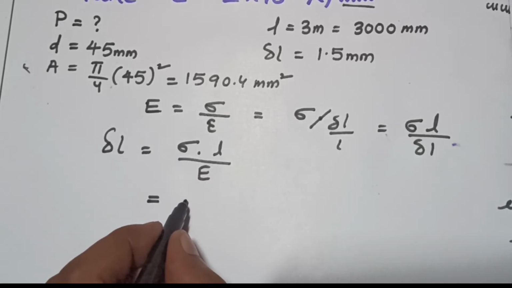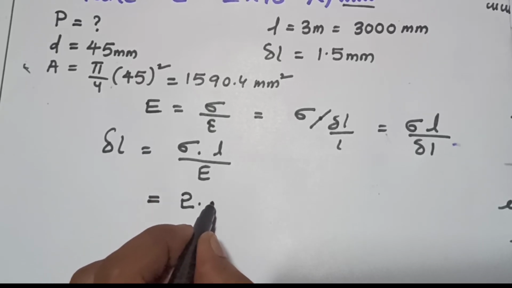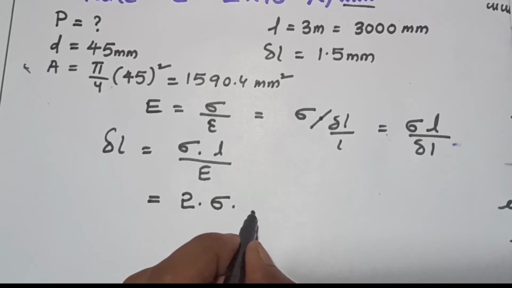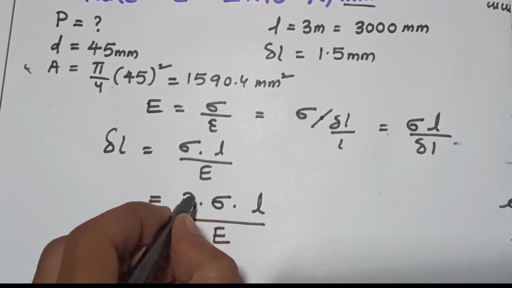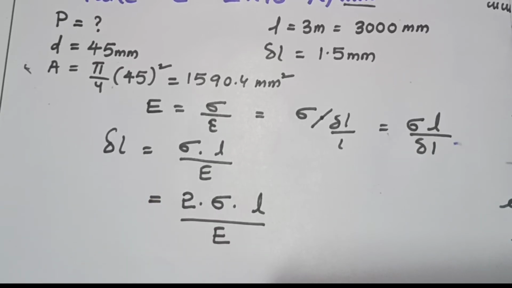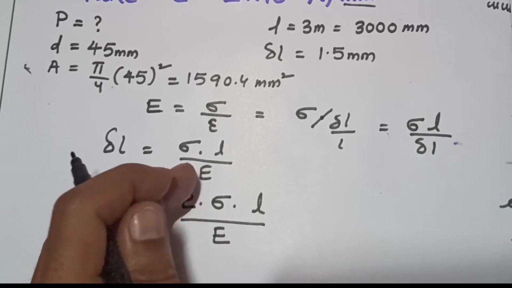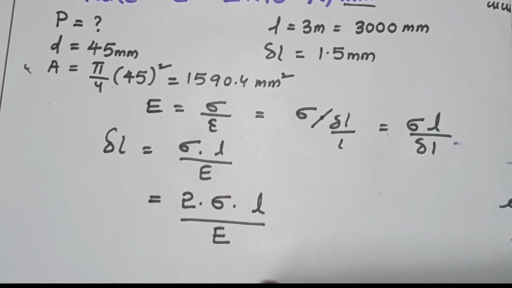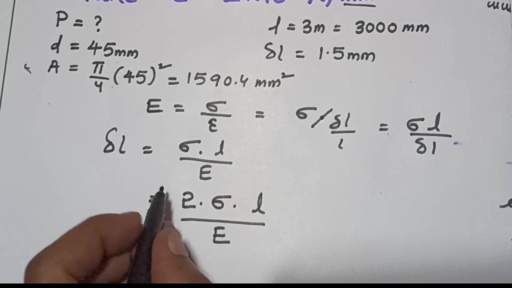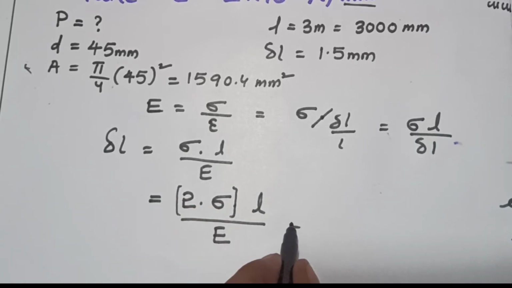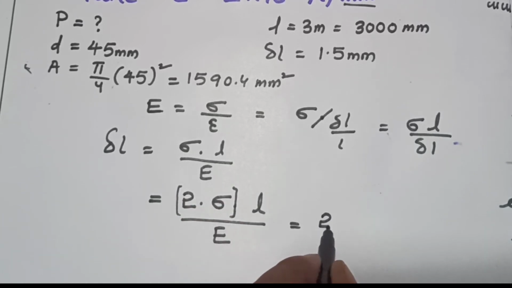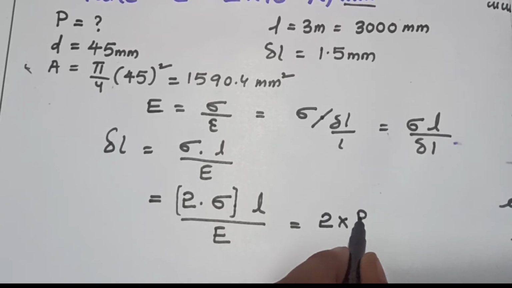Now what do you know about stress? As I told you, it will be twice. That means delta L equals 2 into sigma into L divided by E. In suddenly applied load, the stress should be taken as twice that of the gradually applied load. So I have replaced sigma with 2 sigma. Now 2 sigma is the stress, and load by area is sigma.